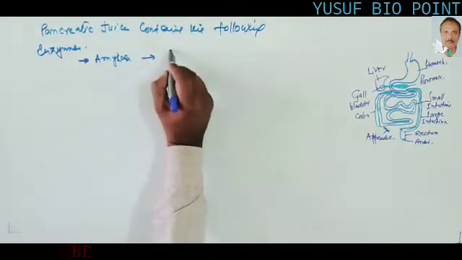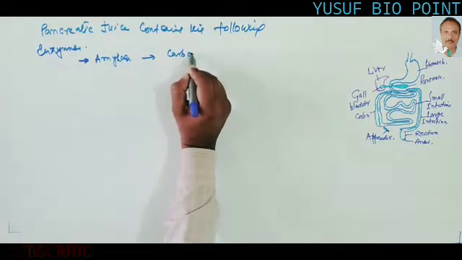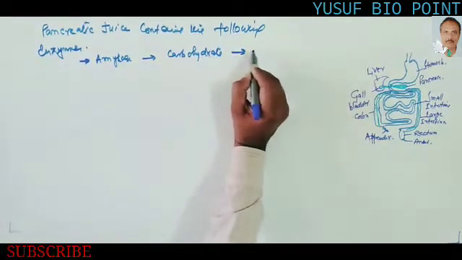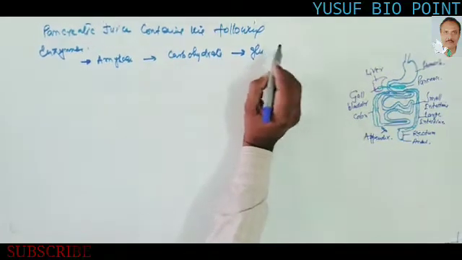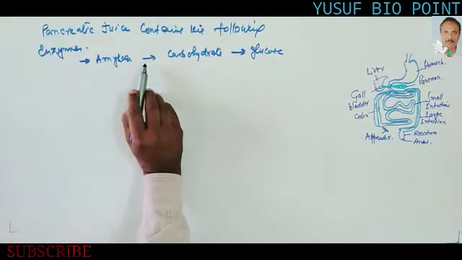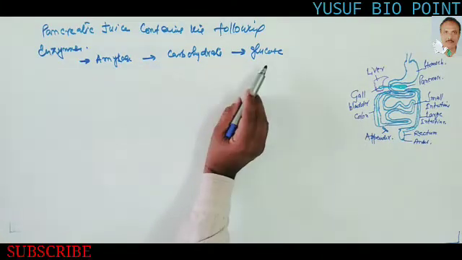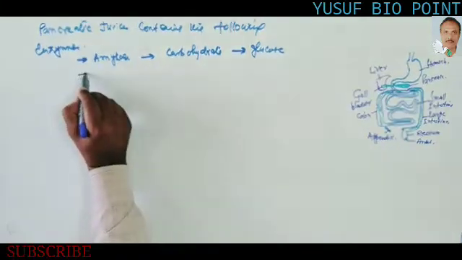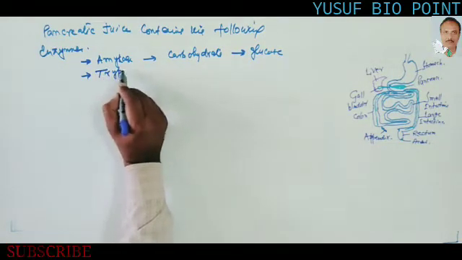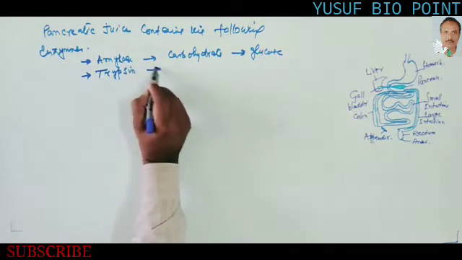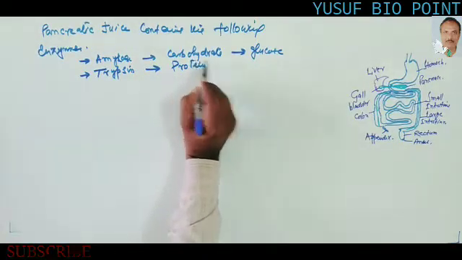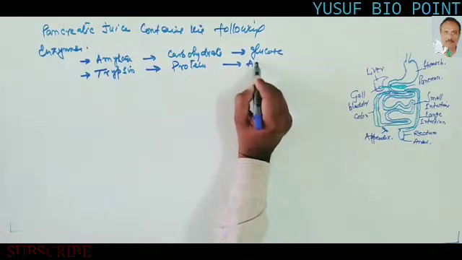It digests carbohydrates into glucose. Trypsin digests protein into amino acids.